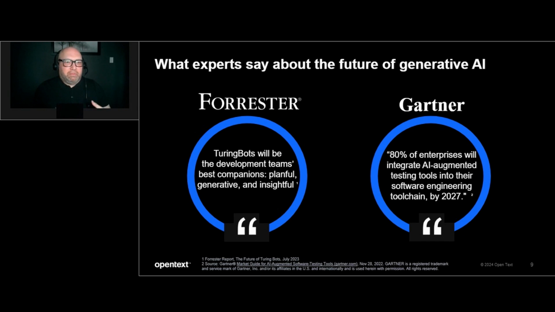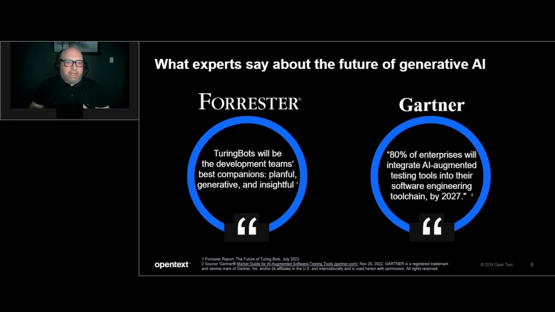Short term, Turing bots will assist all development roles. Mid-term, Turing bots will become better peers to humans and more accurate. Long term, they will become more autonomous with additional reasoning capabilities and human supervision, but productivity will still reach unimaginable heights.